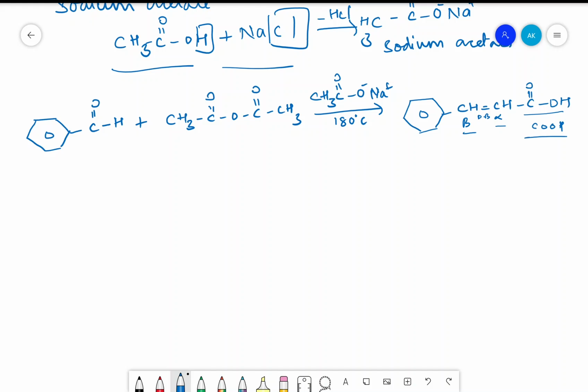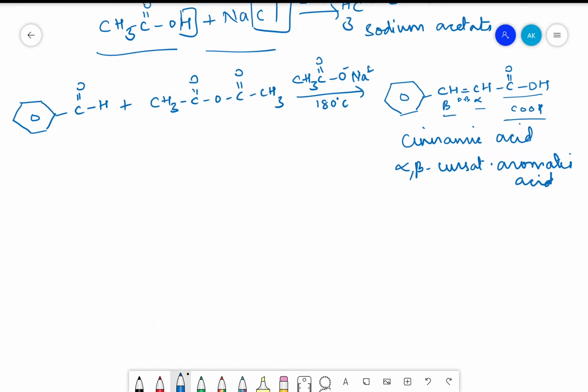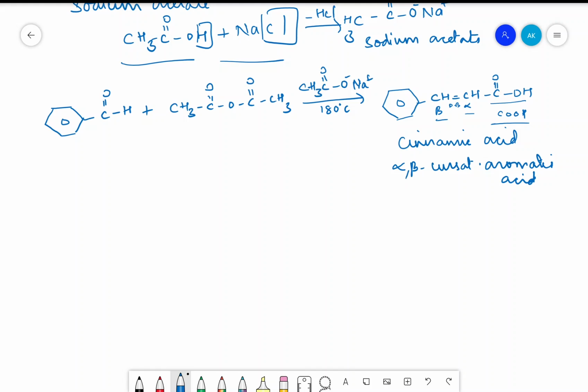So we are going to form this acid, that is cinnamic acid, or alpha, beta unsaturated aromatic acid. So this is the compound we are going to prepare when we go for a condensation reaction using benzaldehyde, acetic anhydride and sodium acetate. We are going to get this product.